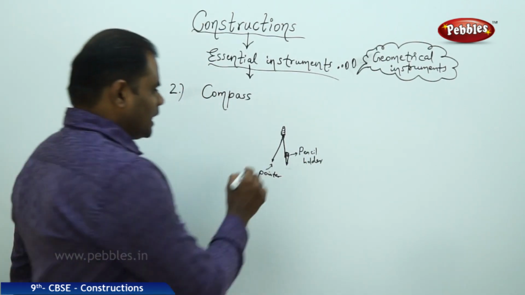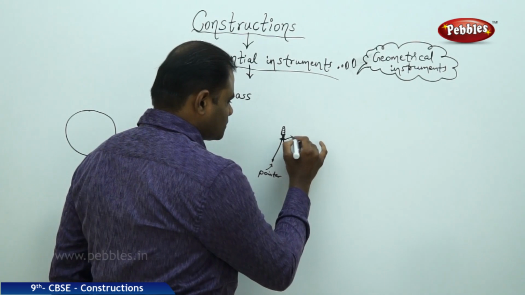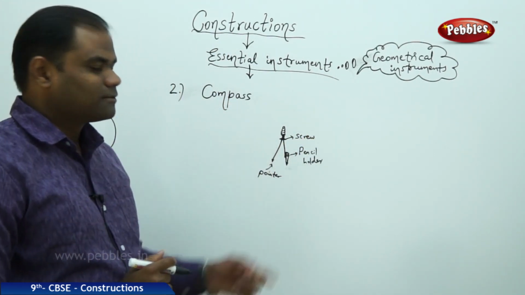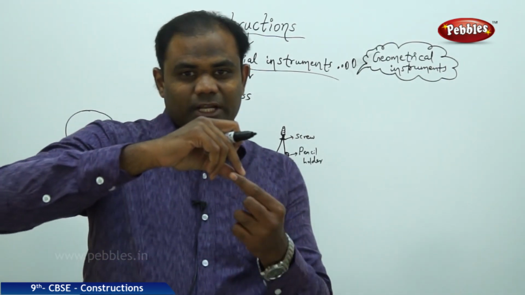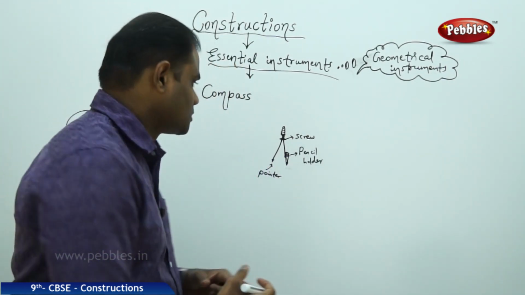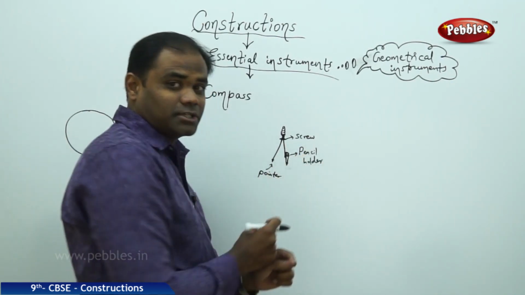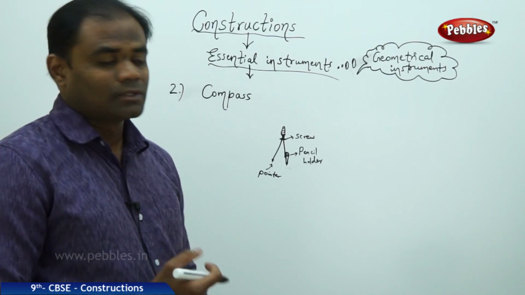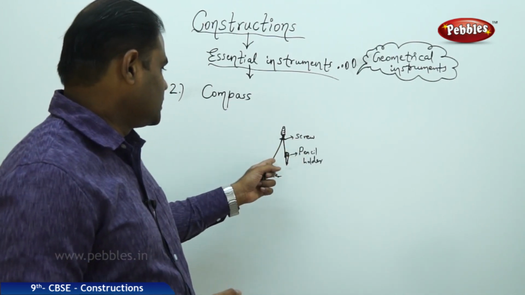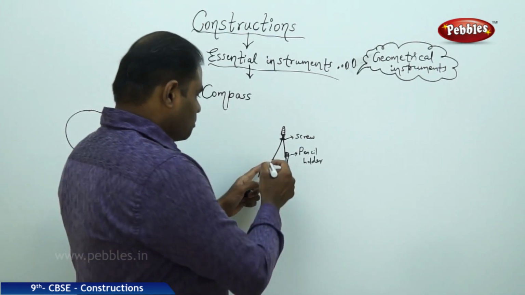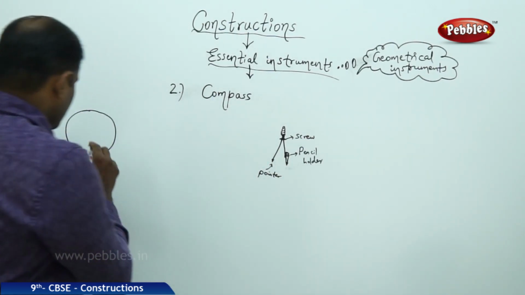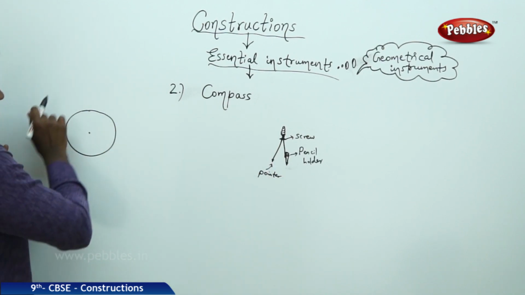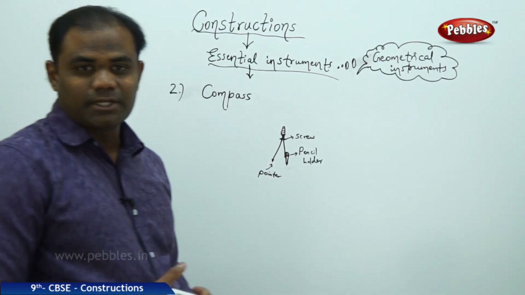And here you have a screw which can be fixed accordingly. So the screw makes it fixed so that you can make it tight or loose. This can be adjusted more tight or less tight using the screw. So adjustment of the screw helps us in making the pointer fixed at one point. So I fix the pointer at this point, and then I move the pencil round depending on the distance I want to take.